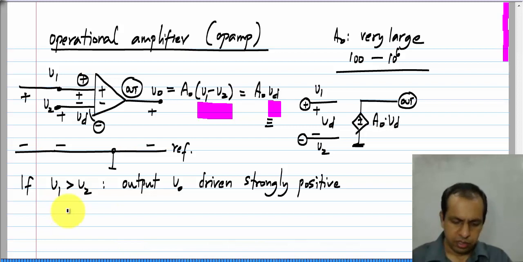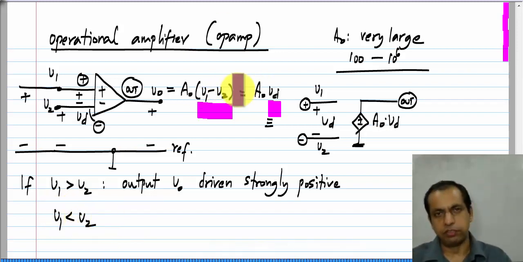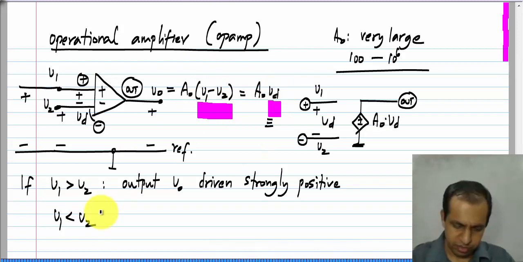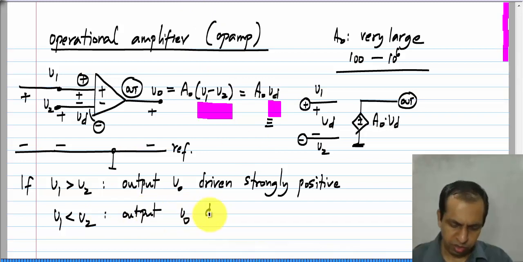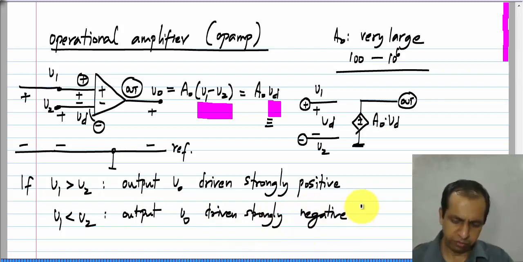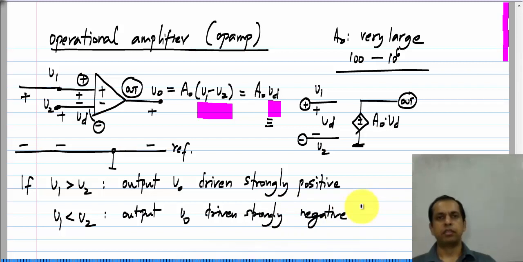And similarly, if V1 is smaller than V2, then this difference V1 minus V2 is less than 0, this Vd is less than 0, and the output V0 is driven strongly negative. Okay. So, this is an important feature of the op amp, and this is what we will use to realize a very useful class of op amp circuits based on negative feedback. Okay.